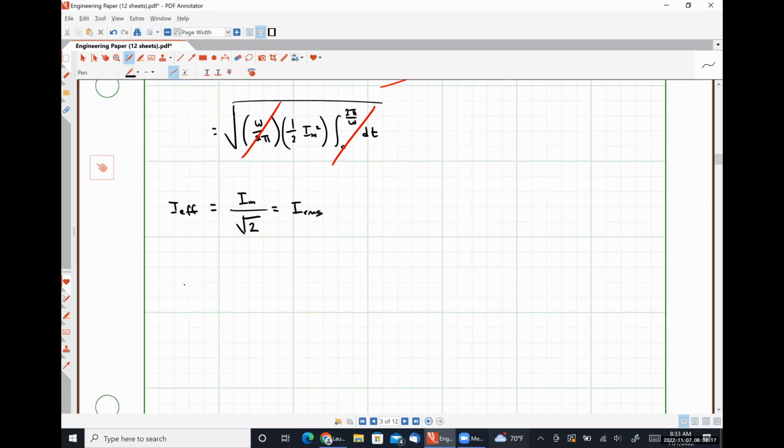Okay. Now, why this is particularly great is if we look at our average power, we found that to be 1/2 Vm Im cosine theta v minus theta I. Found that in class on Friday.